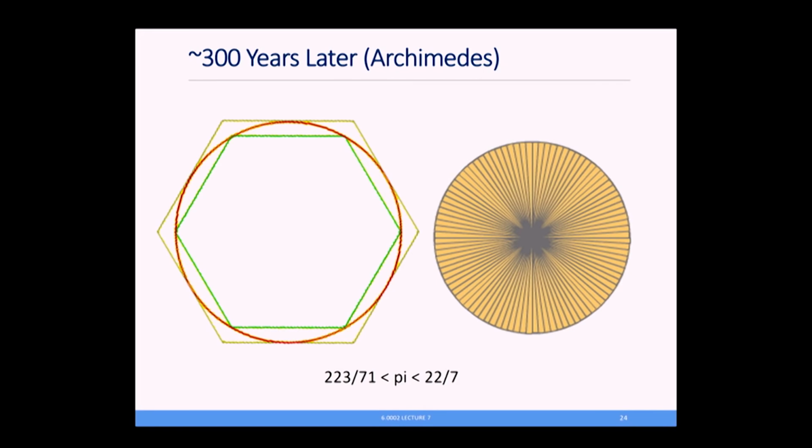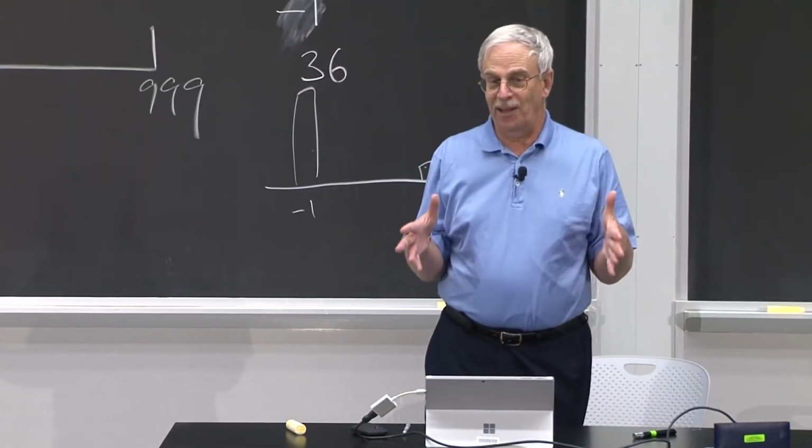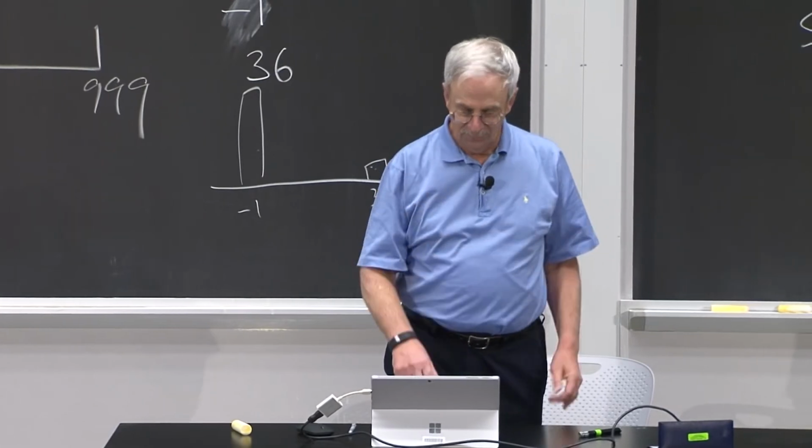And since it was a polygon, he knew how to compute its area or its circumference, and he just counted things up. And he said, well, pi is somewhere between 223 over 71 and 22 over 7. And that turns out to actually, if you take the average of that, be a really good estimate.